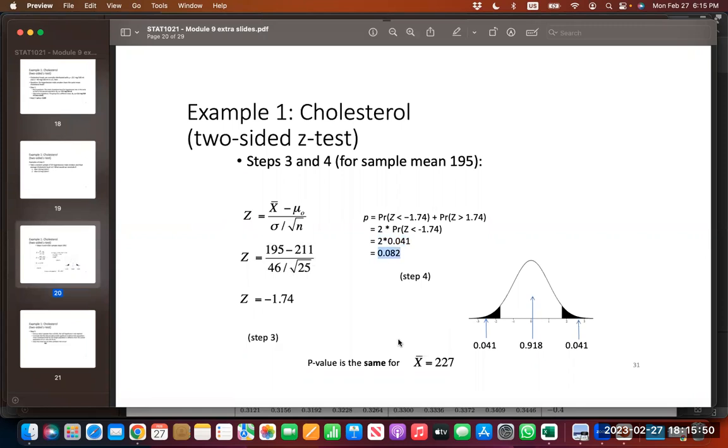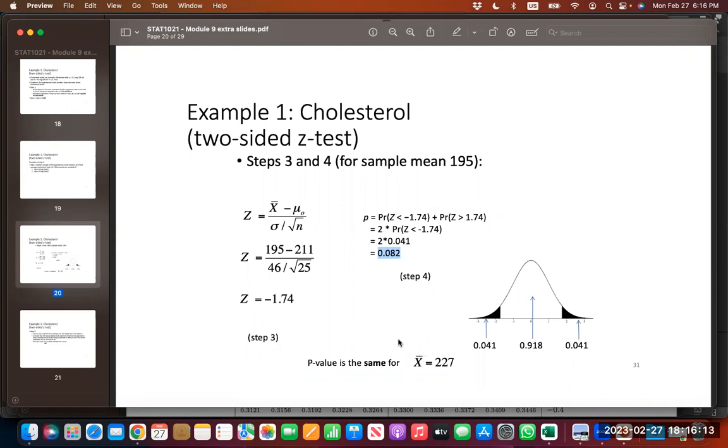Notably, because it's a two-tail test, if 195 were replaced by a second sample, and that would be 227, the result here would be plus 16 and not minus 16, and that would give us a positive SET. Because it's two-sided and symmetrical, we would need to quantify the tail to the right.